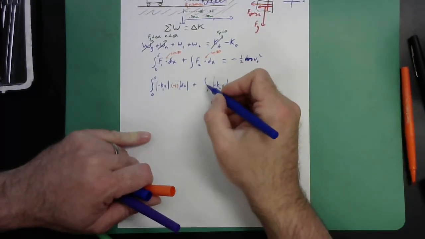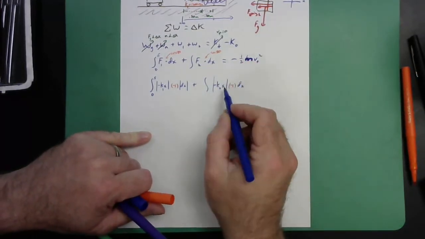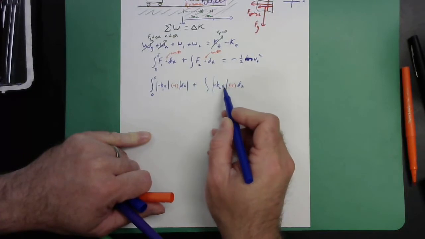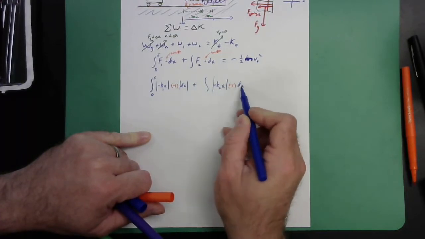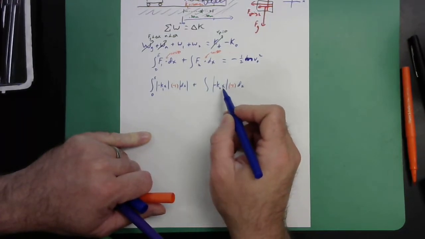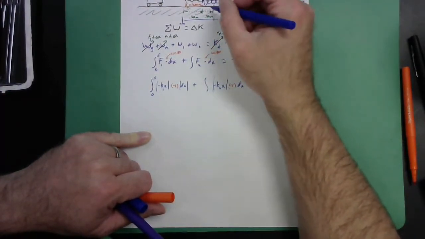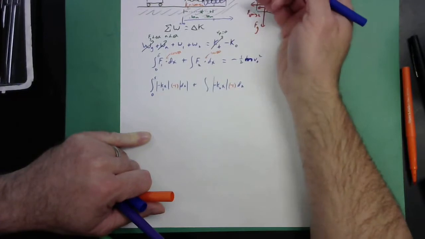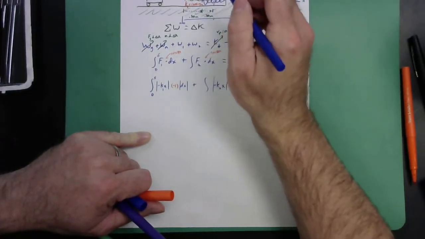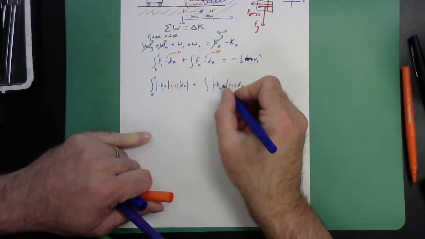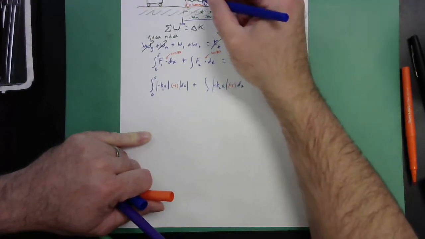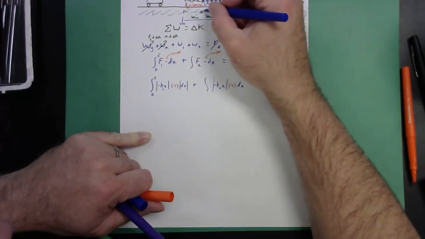But the point is, these bounds, be careful. Remember, we're trying to make this x and this x be the same variable. And that's kind of okay because the distance we crush and the distance we move along are the same. If I move along 20 centimeters, I crush the spring 20 centimeters. But remember, this x is the stretch or crush of the spring. This spring just started getting crushed here.